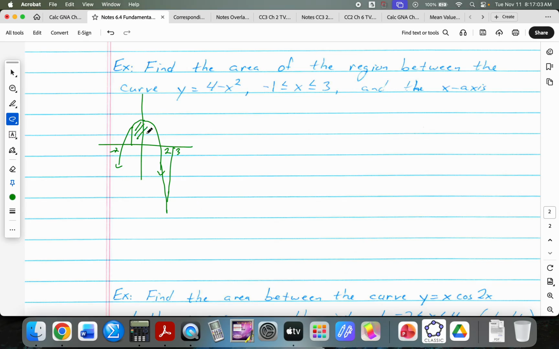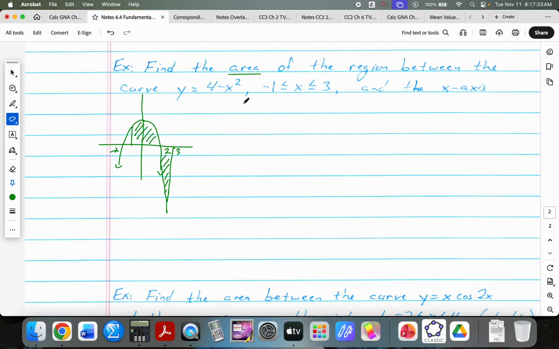So if I'm trying to find this area, if I just did the integral from -1 to 3, it would count this part as positive and this part as negative. But the question asked me to find this area. So that means I need to find this area and then add them together.